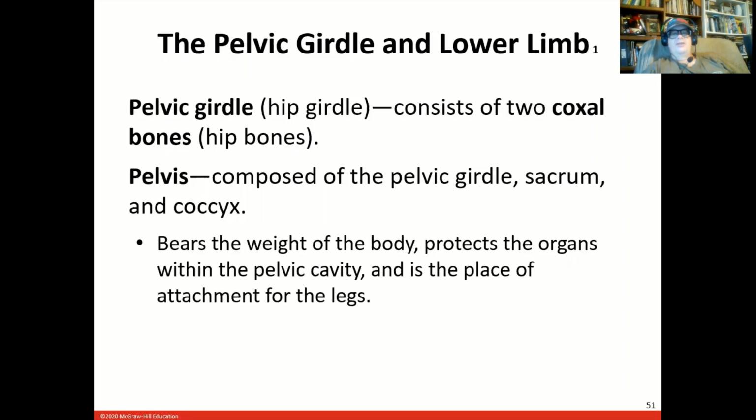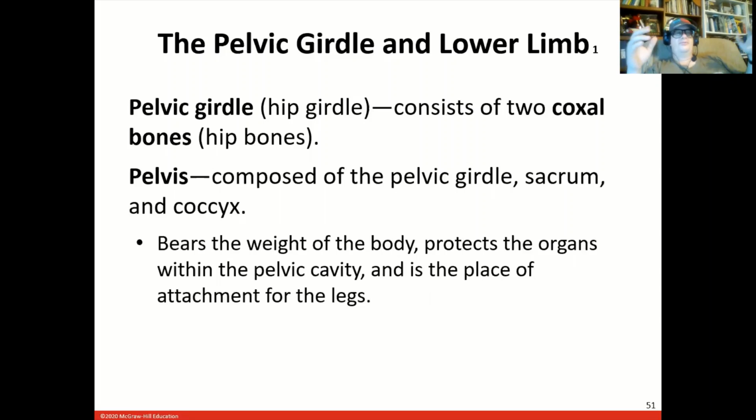If we were going to break these down, the ilium are the ones that stick up on the top. The ischium are the ones on the bottom where you have the hole that goes through. And the pubis are the ones that stick forward and join at the pubic symphysis at the front. This bears all the weight of your body coming down on your leg bones.